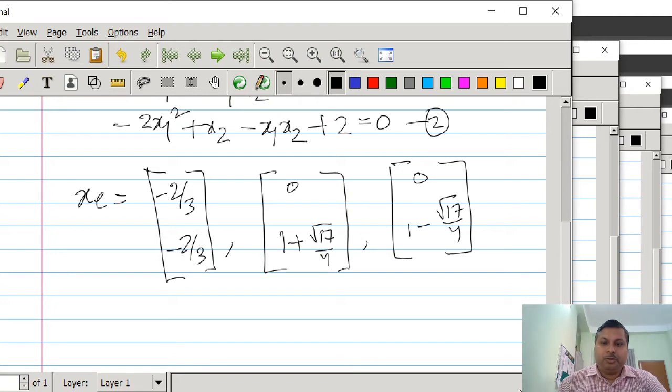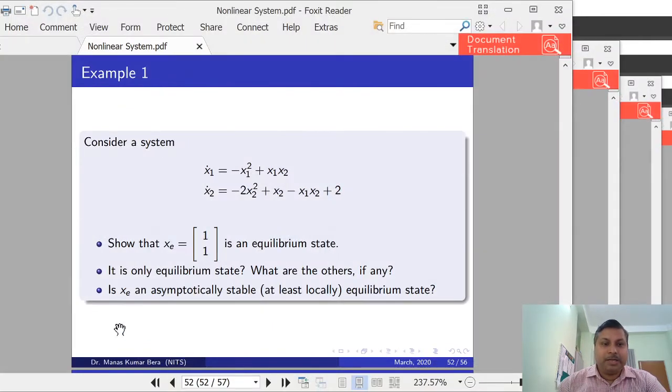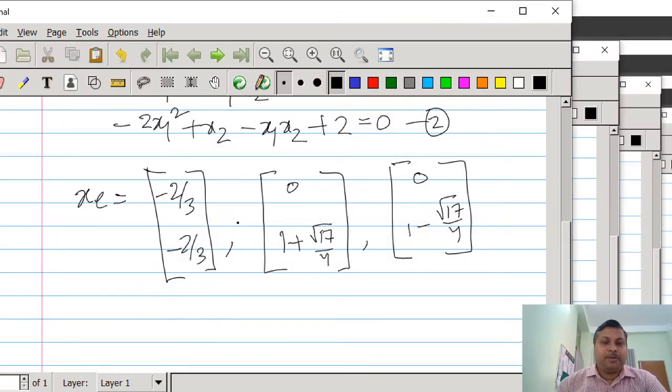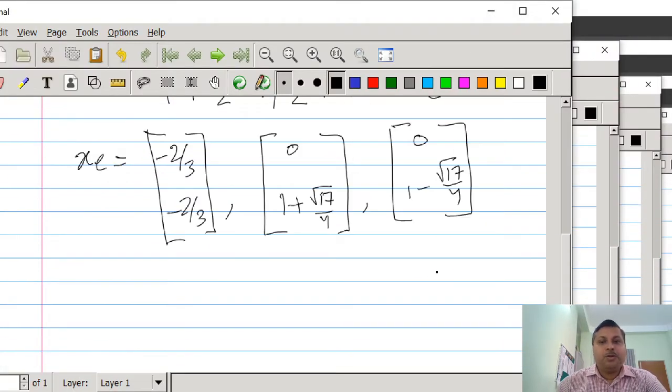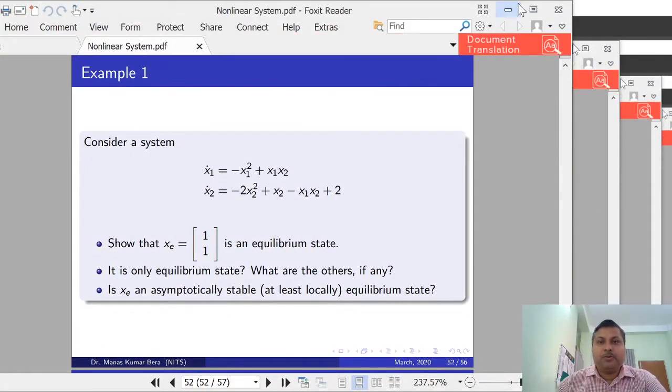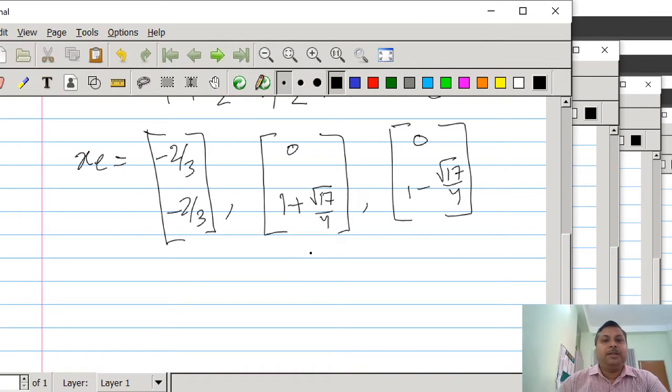Okay, now the third question has been asked, that is, is xc an asymptotically stable equilibrium state? So first of all, we want to test, because it has been asked at least locally, we will apply the Lyapunov first method.